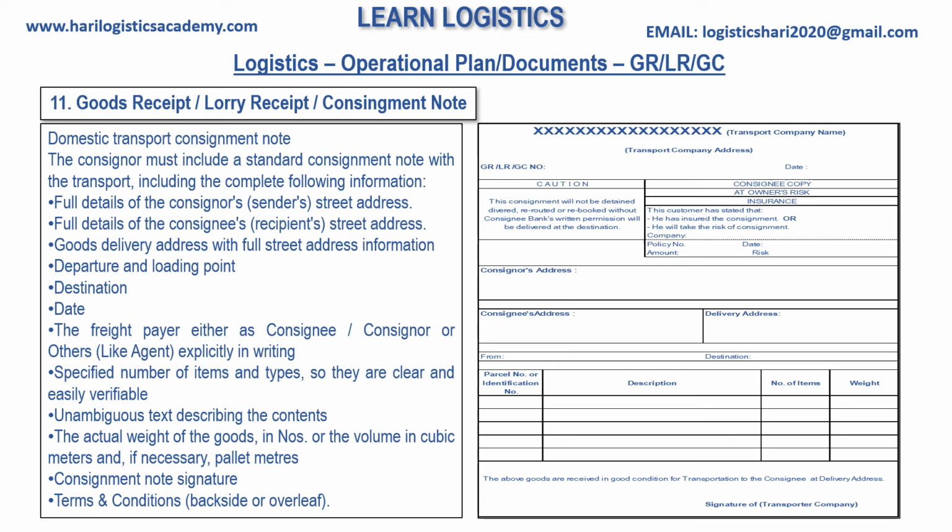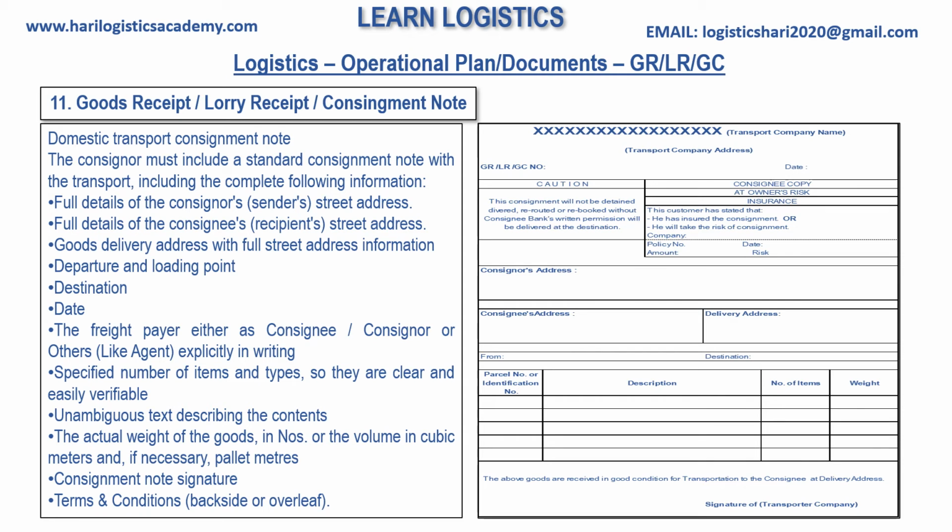Then departure and loading point, destination, date, the freight payer either as consignee or consignor or others like agent, explicitly in writing. Specified number of items and types, so they are clear and easily verifiable. Unambiguous text describing the contents. The actual weight of the goods in numbers or the volume in cubic meters and, if necessary, pallet meters based on your goods handling.